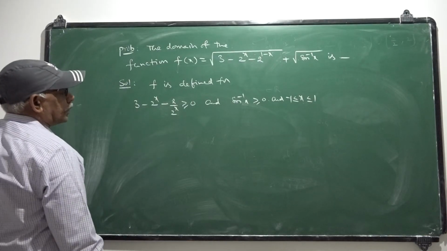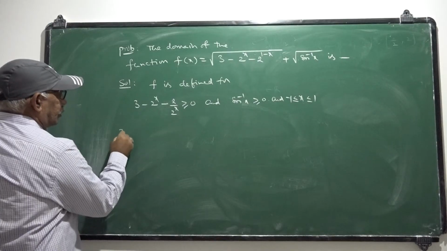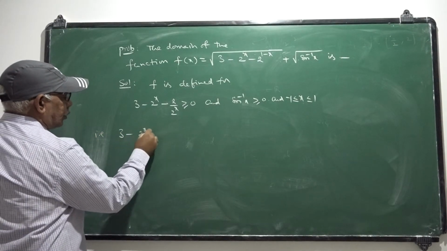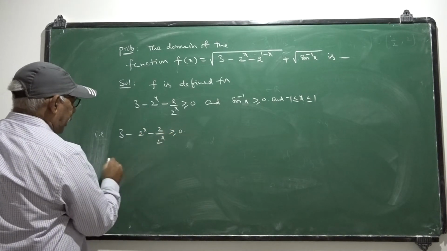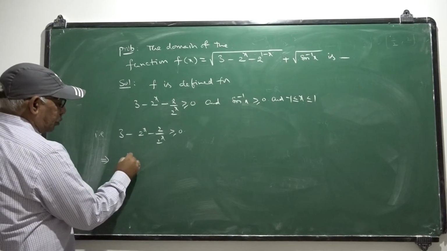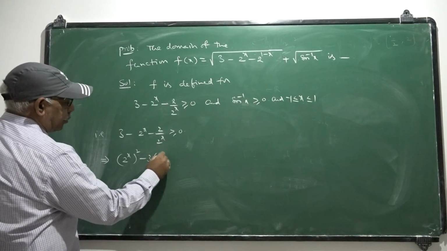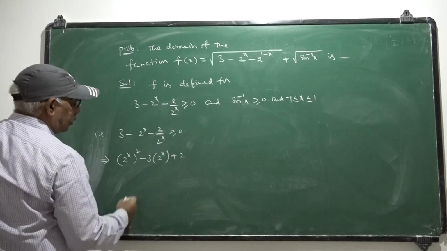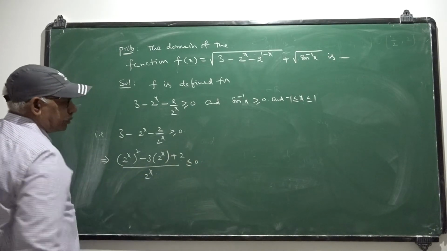Now let us consider this value. 3 minus 2 power x minus 2 by 2 power x greater than or equal to 0 implies (2 power x) whole square minus 3 into 2 power x plus 2, over 2 power x, must be less than or equal to 0.